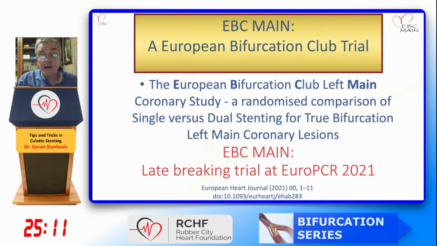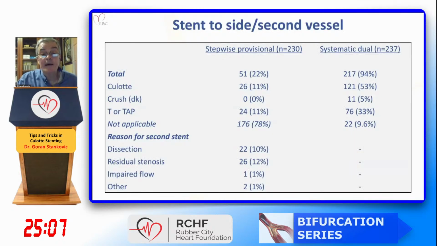I just want to share with you that in the EBC main, which was commented also today and which I commented in detail on Friday, in the provisional arm 22% of lesions were stented also in the side branch. But if we go to systematic dual stenting, we see that 53% of all planned two-stent strategies was culotte, which really reflects the nature and the philosophy of European interventionalists.